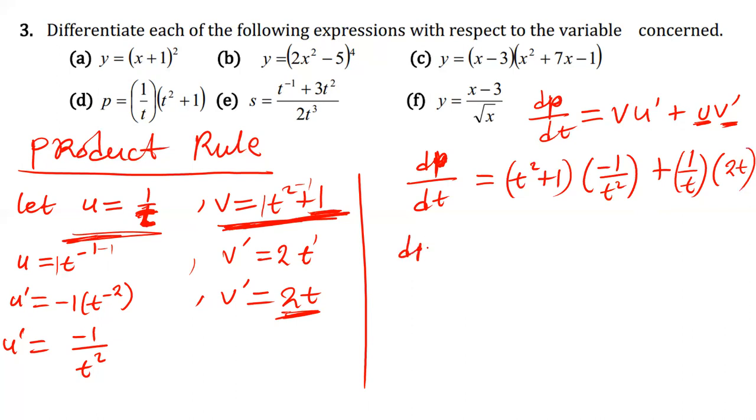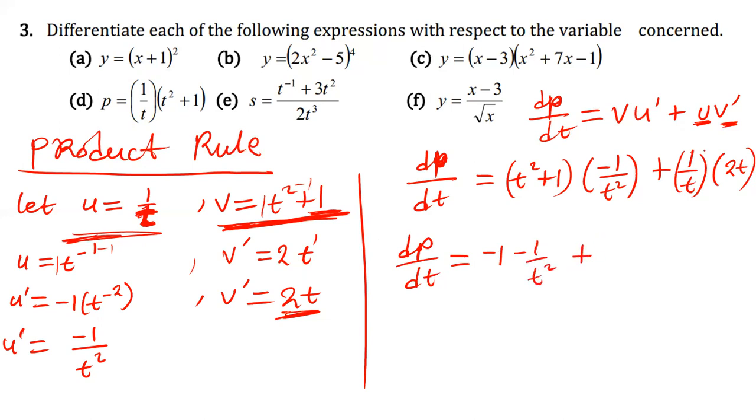So we simplify this expression. If I want, I can multiply this through. I'm going to have negative 1 over t to the power 2 times t to the power 2, and I'm getting negative 1. Then when I multiply 1 times negative 1 over t to the power 2, I'm getting negative 1 over t to the power 2.